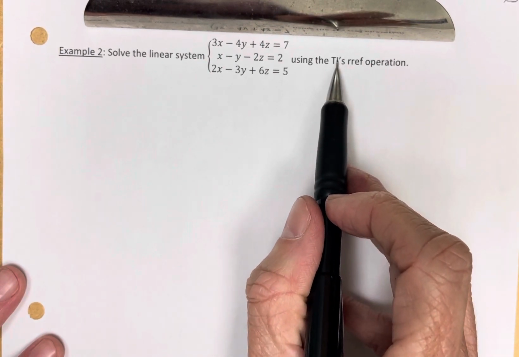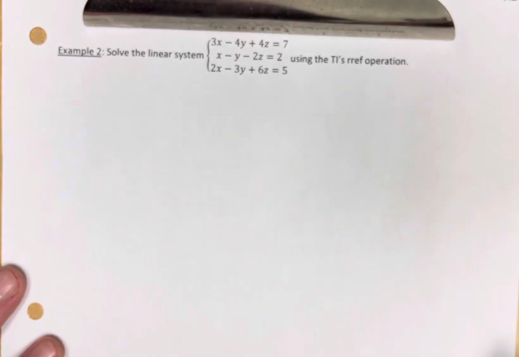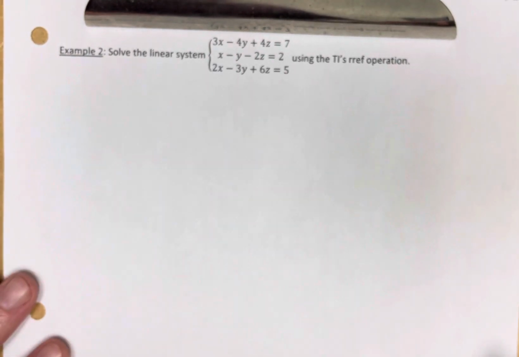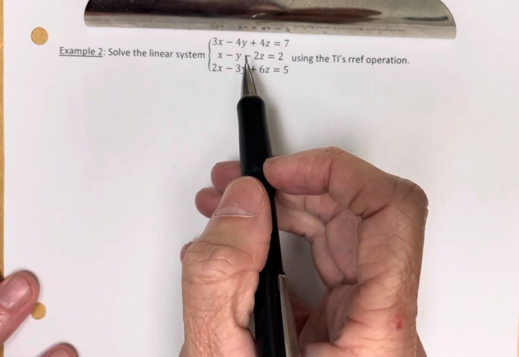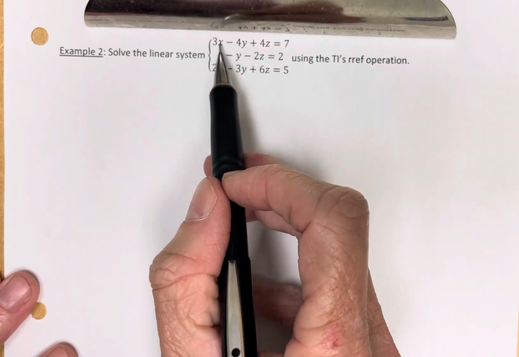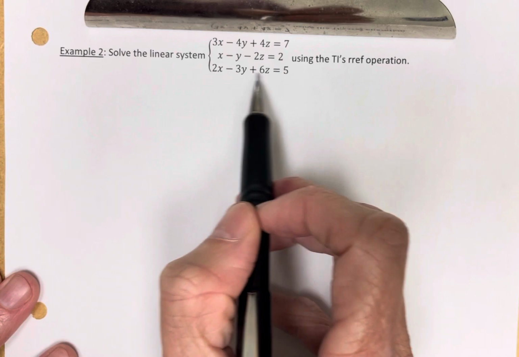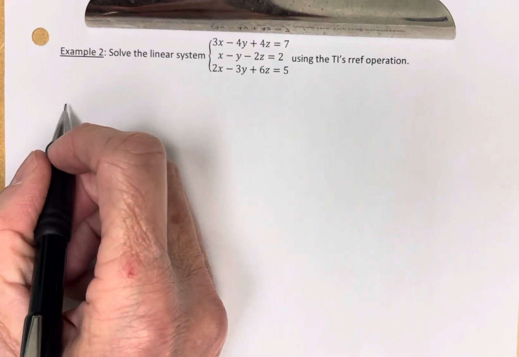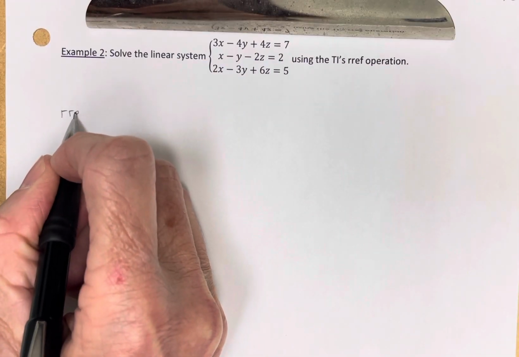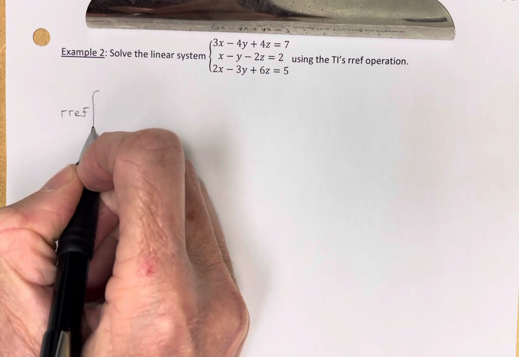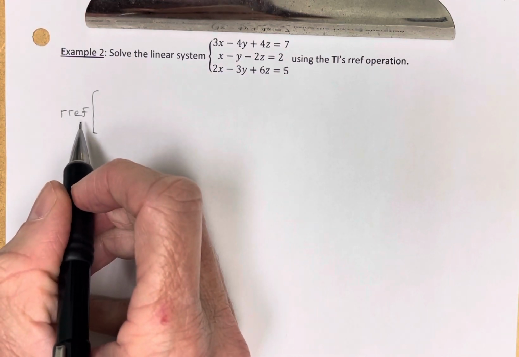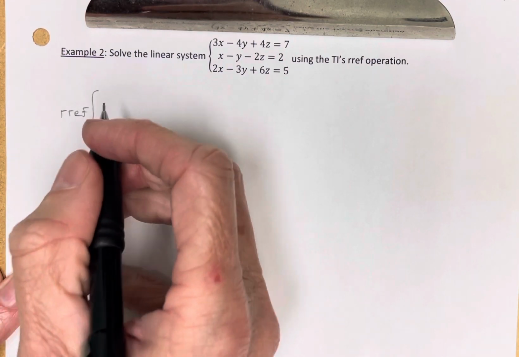We want the TI to do all that substitution and addition for us, so we don't have to. Okay, so I've got my system. I notice that I have all my variables represented. I have my constants. I'm in general or standard form, so I'm in a good place to build my augmented matrix and then row reduce it.